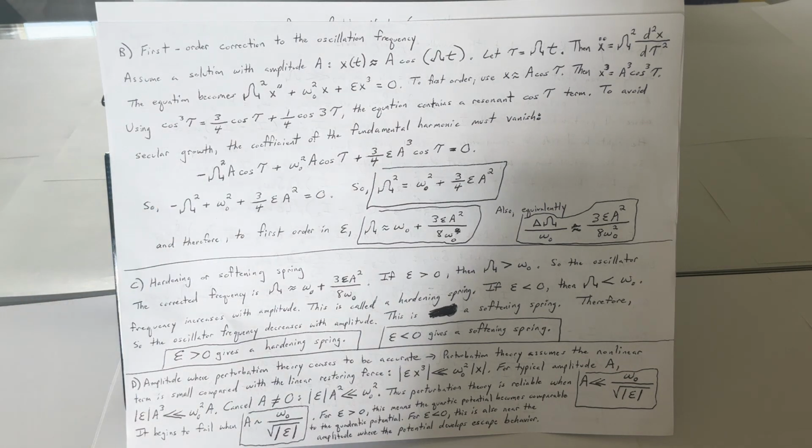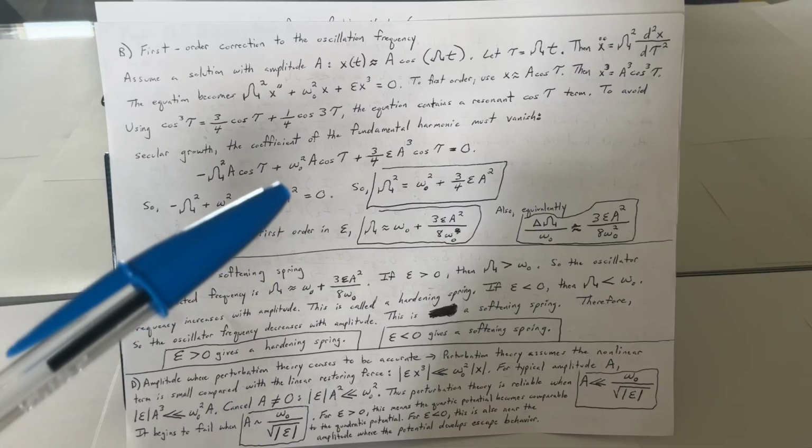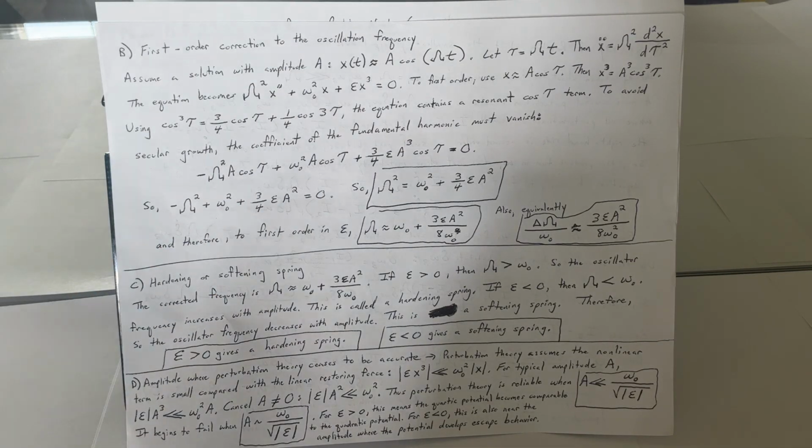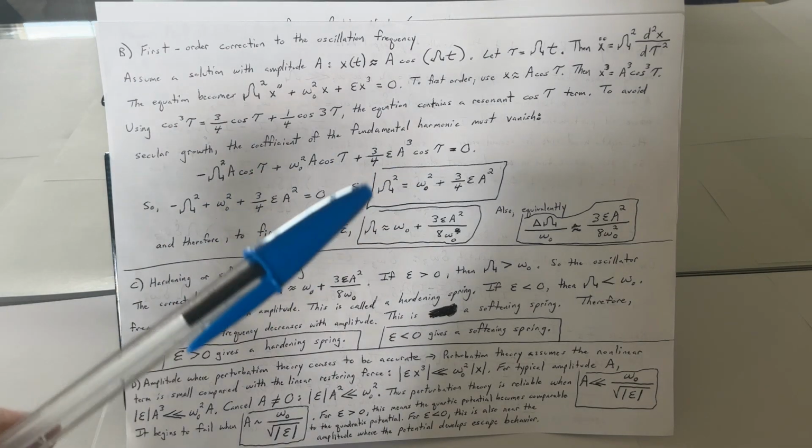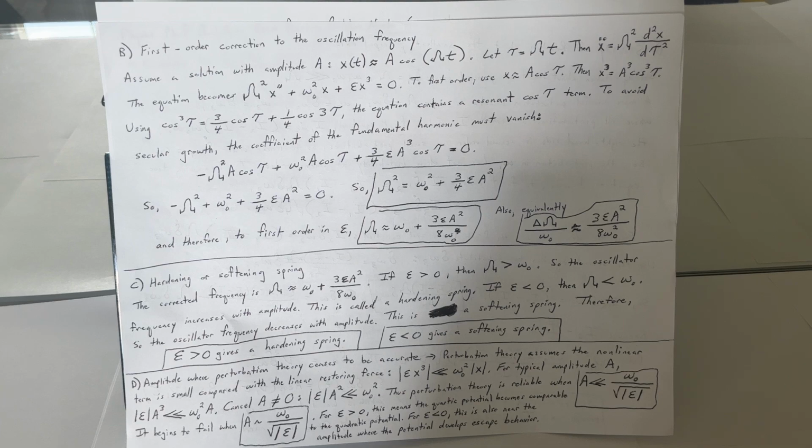And we have negative capital omega squared A cosine tau plus omega naught squared A cosine tau plus 3/4 epsilon A cubed cosine tau equals 0. So negative capital omega squared plus omega naught squared plus 3/4 epsilon A squared equals 0. Isolating capital omega squared, it equals omega naught squared plus 3/4 epsilon A squared.